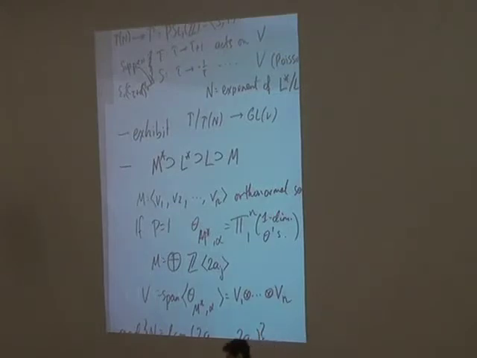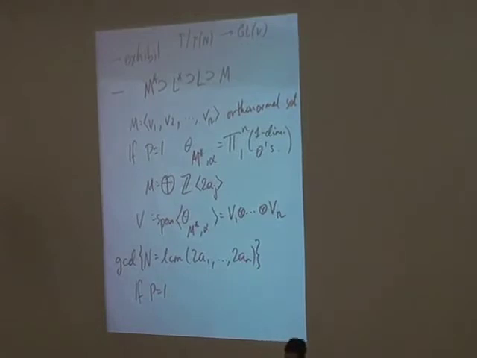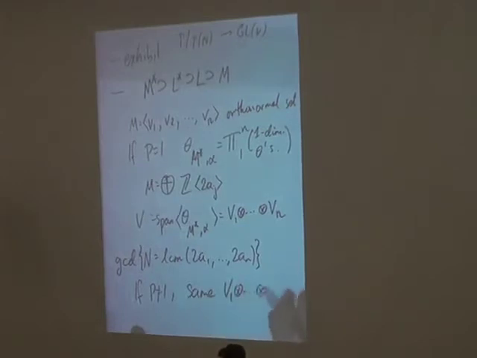So that's what we do for the case where p equals 1, but if p is not equal to 1, then again, morally speaking, the twisting factors have extra powers of i to the d in them and so forth, but I still have the same V1 tensor, etc., tensor Vn.